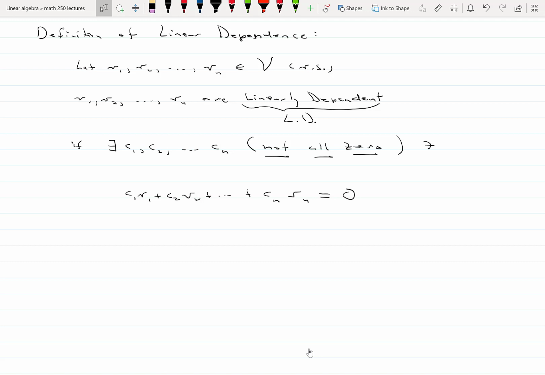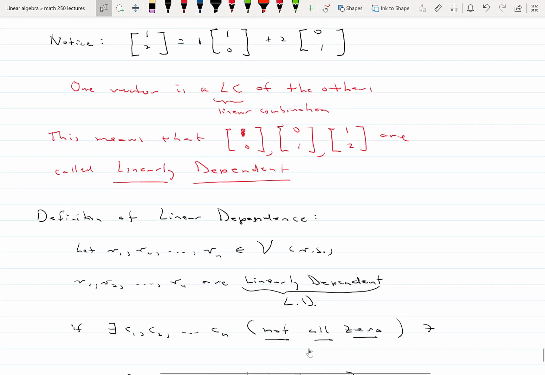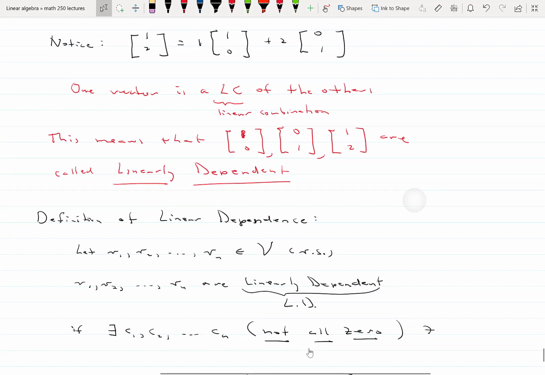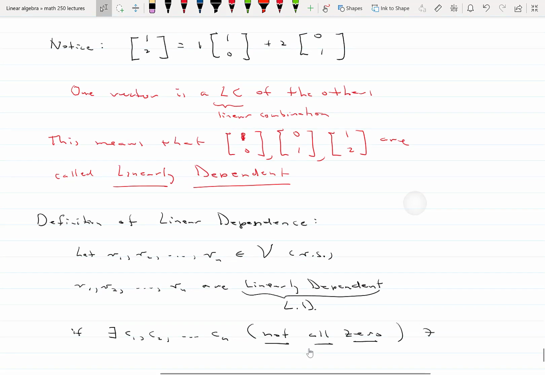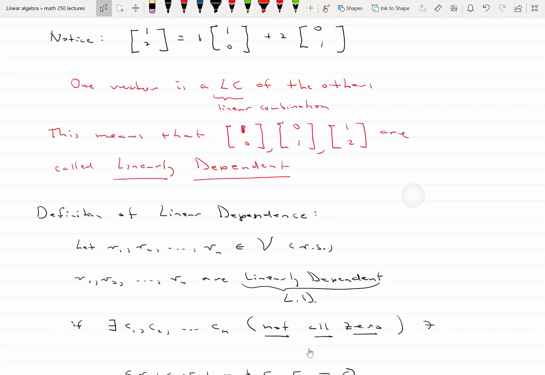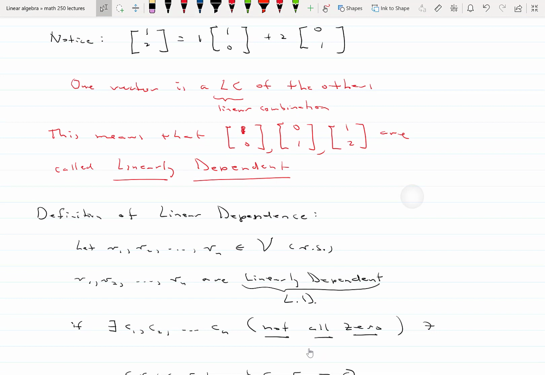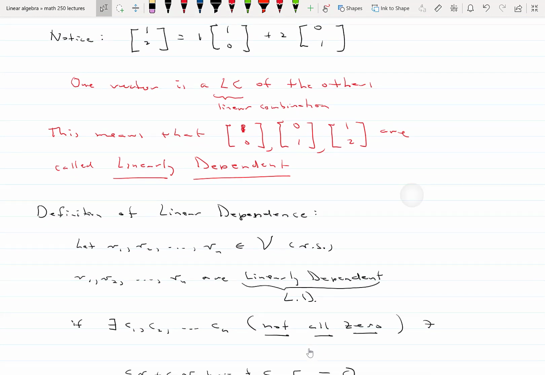Now, let's go back up to my example where I said the three vectors were linearly dependent since one vector could be written as a linear combination of the others. I'm going to show you that that's completely in line with the strict definition of linear dependence.